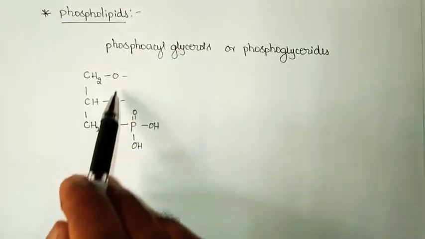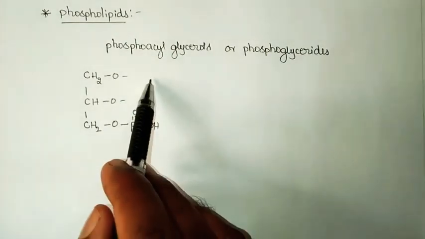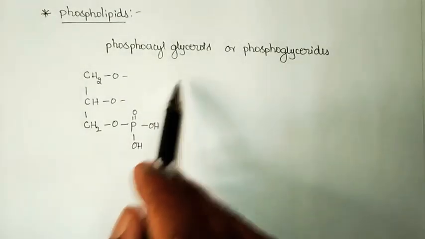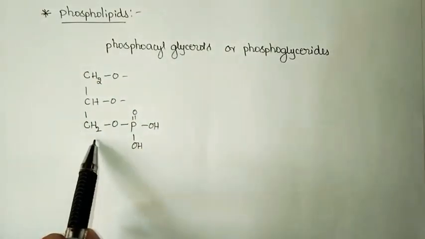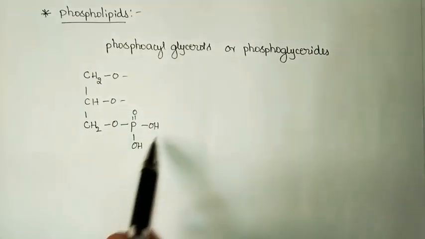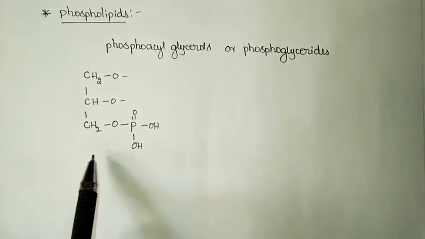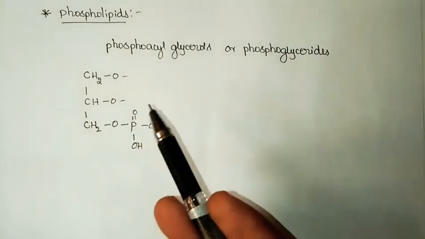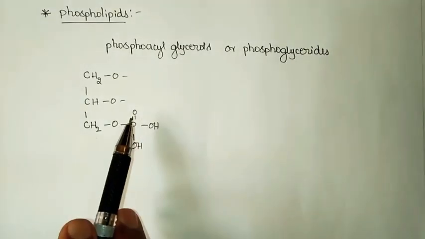With the fatty acid molecules over here, you will have the polar part as well as the non-polar hydrocarbon part. Here also we have a non-polar hydrocarbon part, and once again the phosphate group is a polar group. So the phospholipid molecule has both polar as well as non-polar parts.